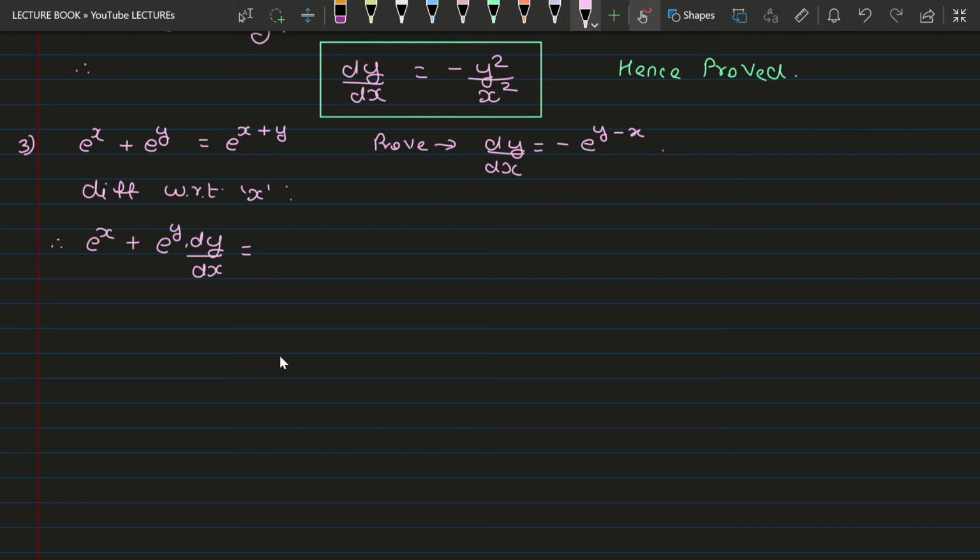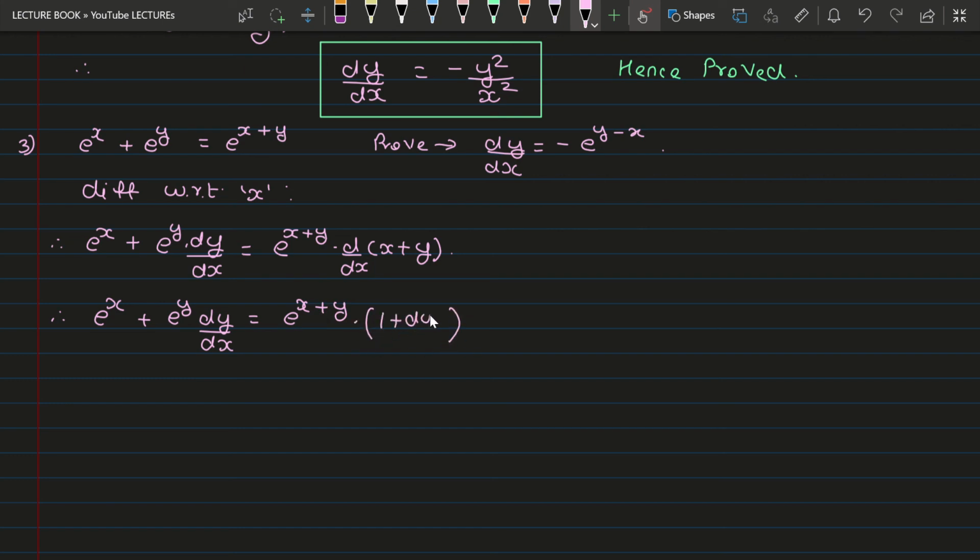So you will get the answer over here as e raised to x plus y into derivative of x plus y. So guys, e raised to x over here remains as it is, e raised to y dy by dx, e raised to x plus y, and in the bracket 1 plus dy by dx.